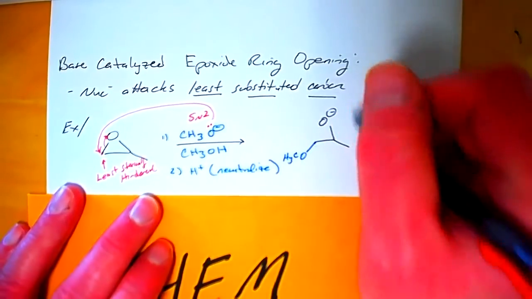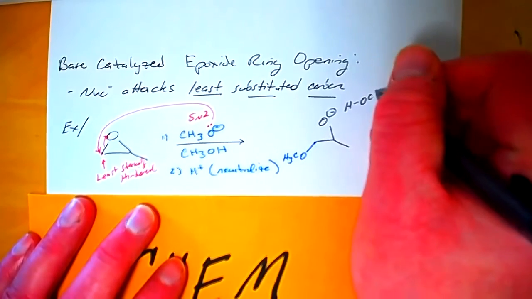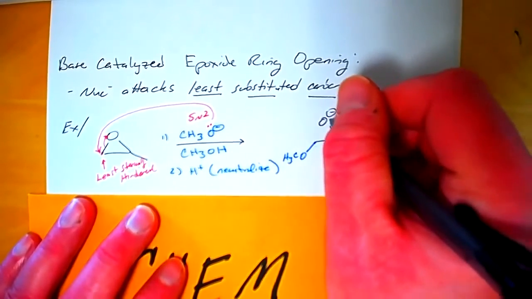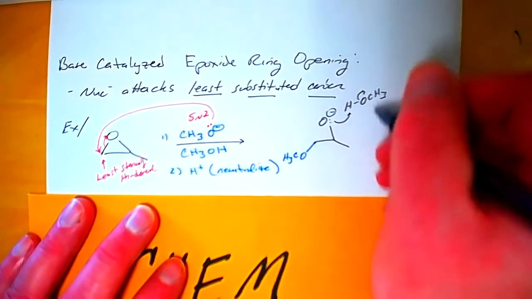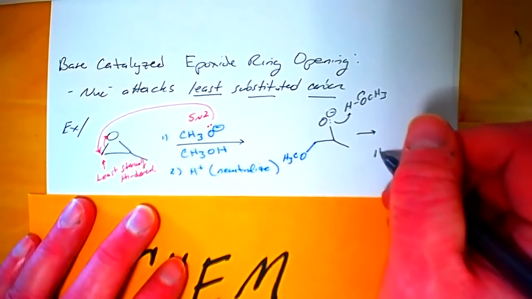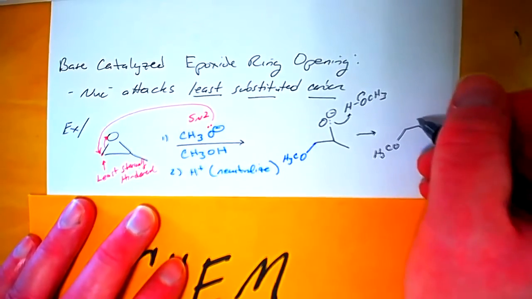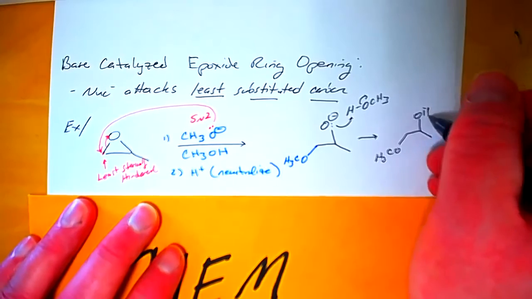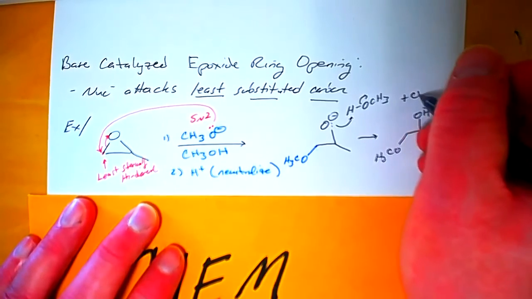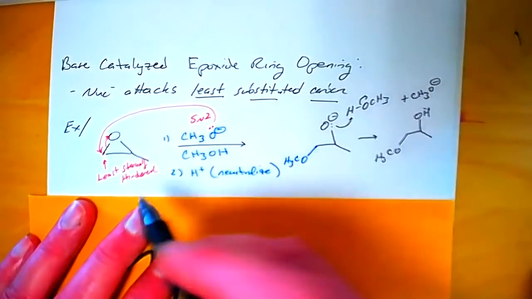But before I do that, I want to explain why this is called base catalyzed. The methanol that's also present in here will act as a proton source initially, and that regenerates your methoxide, which can go and do this again.